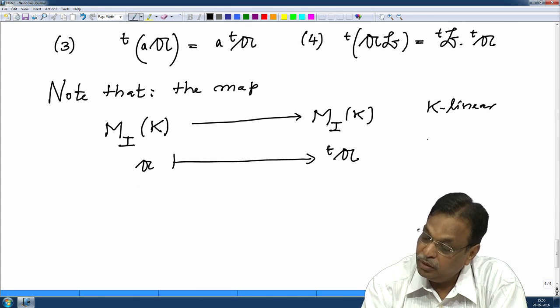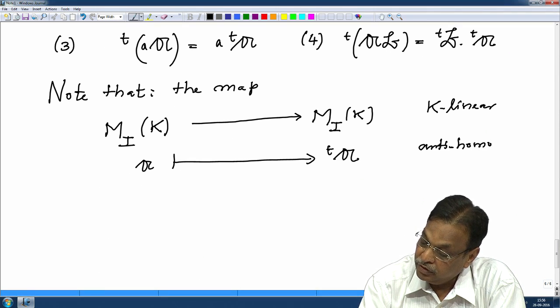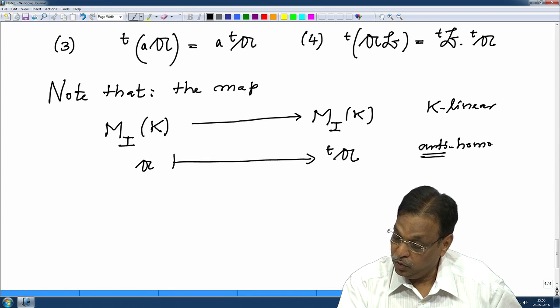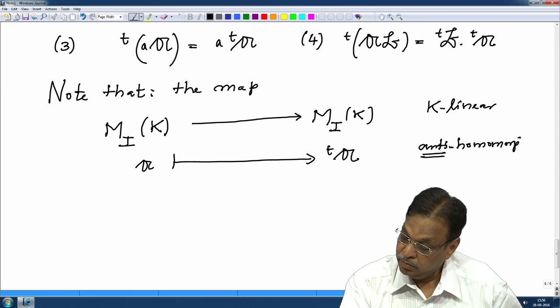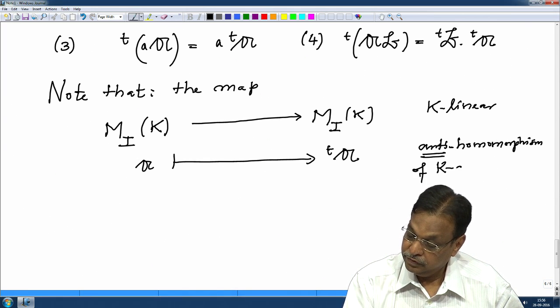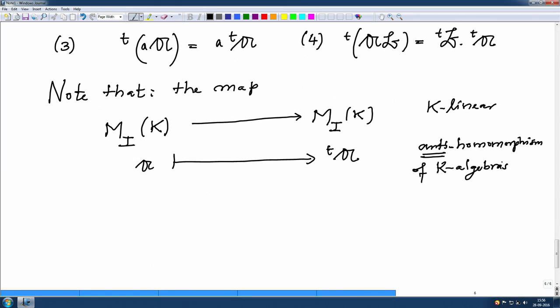Sometimes it is also called an anti-homomorphism. This refers to the multiplication operation. Anti-homomorphism of K algebras. And more than that, it is an involution.